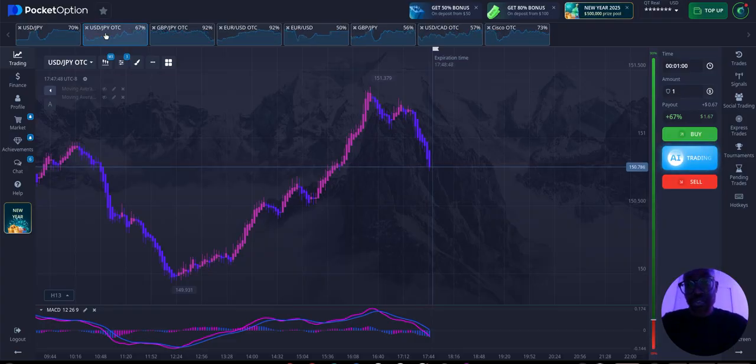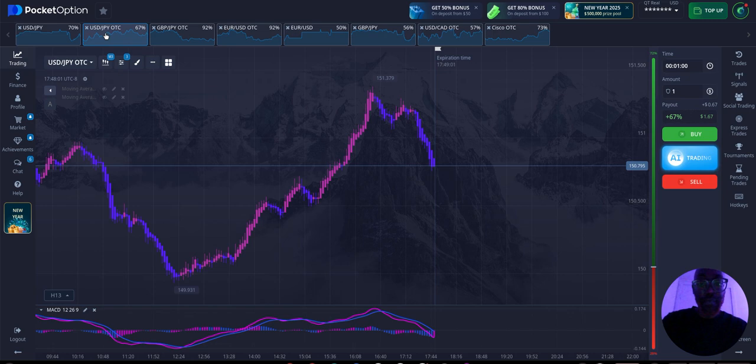In OTC binary trading, the broker, like Pocket Option for example, determines the asset prices and market conditions, often based on proprietary algorithms or simulated market data rather than real-time market prices, which more than likely answers our question on why the prices aren't necessarily the same, but I'm not going to say they're not far off, but they're not that far off, right?